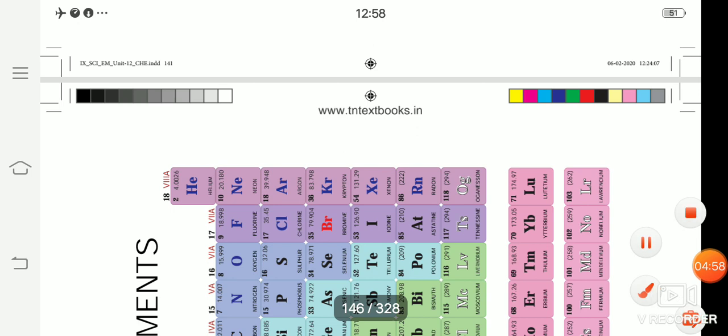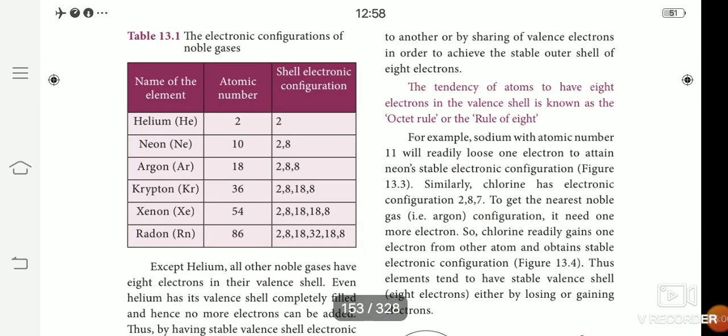The electronic configuration means the electrons are arranged in the order 1s2, 2s2, 2p6, 3s2, 3p6, then 4s2. In this order the electrons will be arranged.